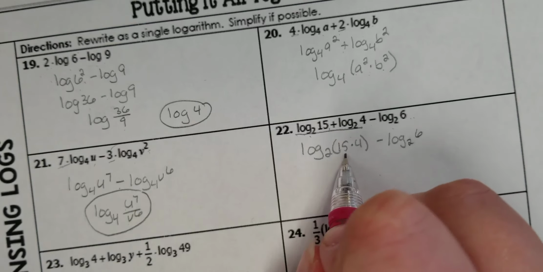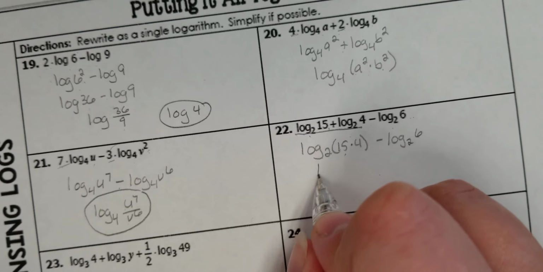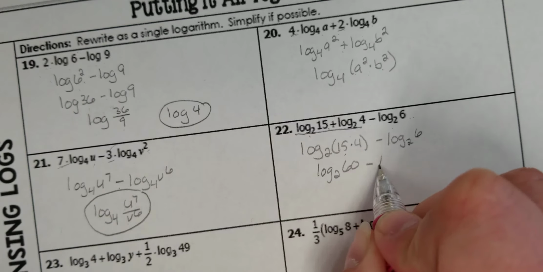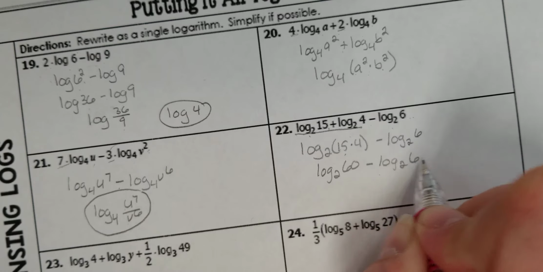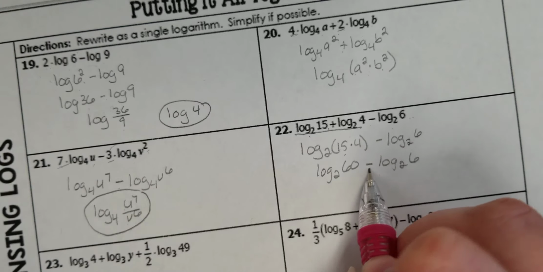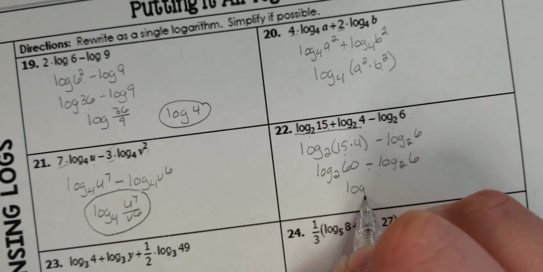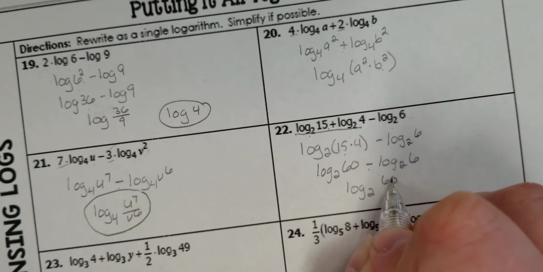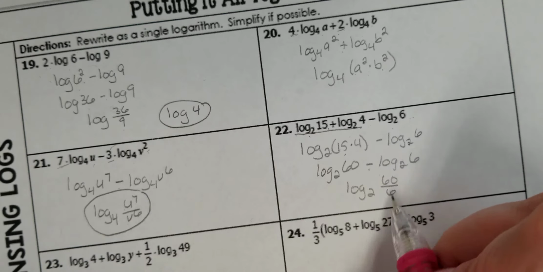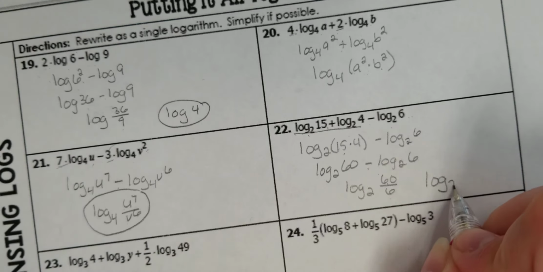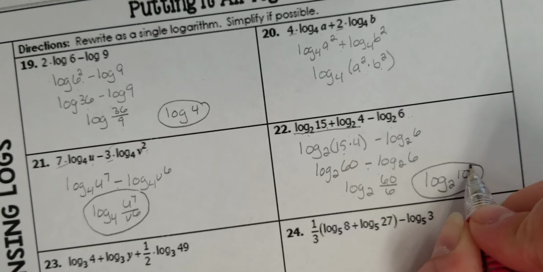So then 15 times 4 is 60. So we have log base 2 of 60 minus log base 2 of 6. So we're at subtraction now, which is the quotient rule. So we have log base 2 of 60 over 6. So 60 divided by 6 is 10. So our final answer is log base 2 of 10.